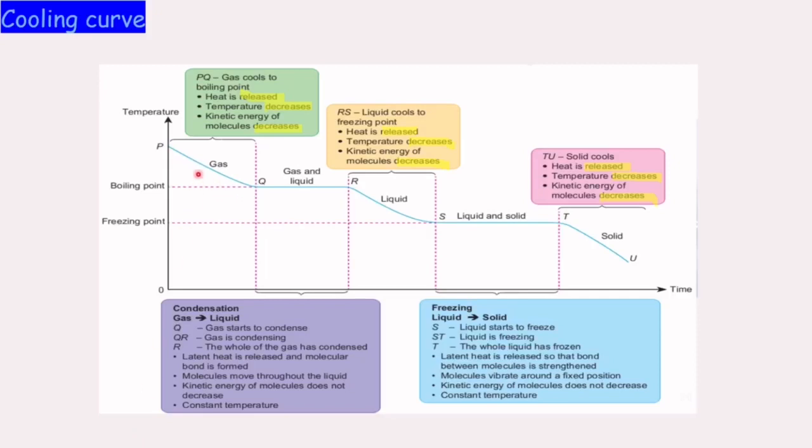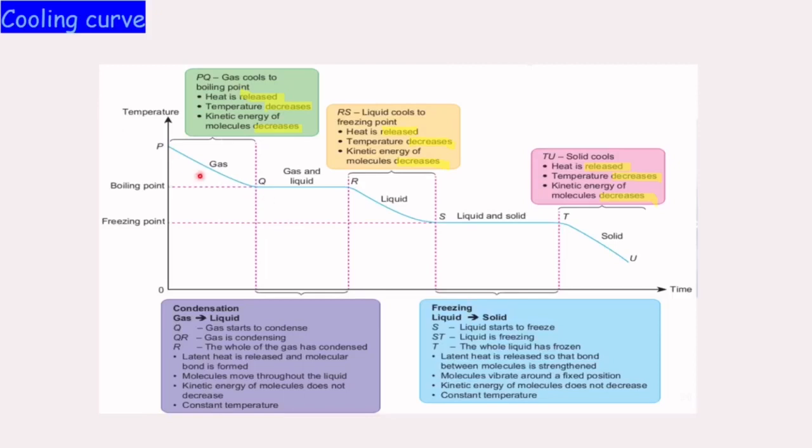At PQ, it is gas. When we come to QR, the system undergoes the condensation process and from gas becomes liquid at point R, and RS is liquid, and when we come to ST, it undergoes the freezing process, and when we come to TU, the liquid freezes into solid.